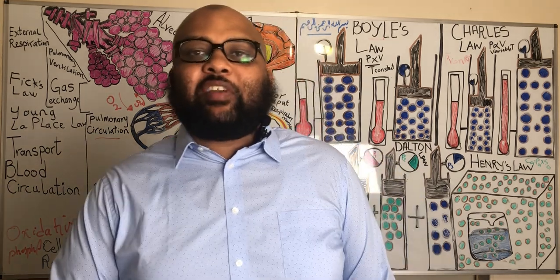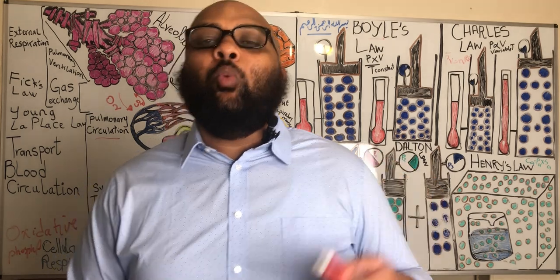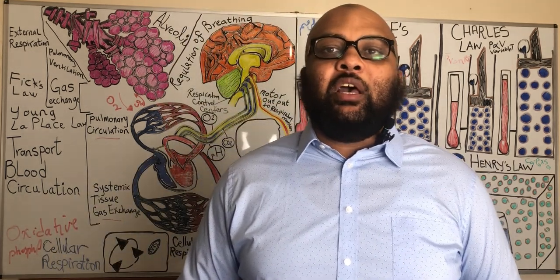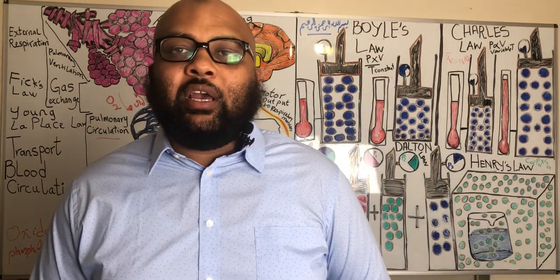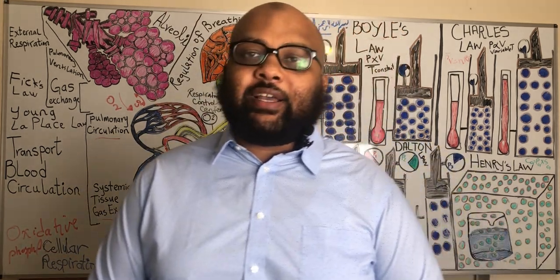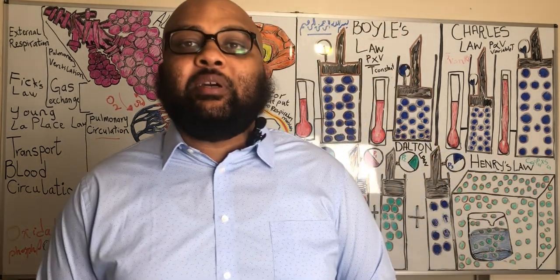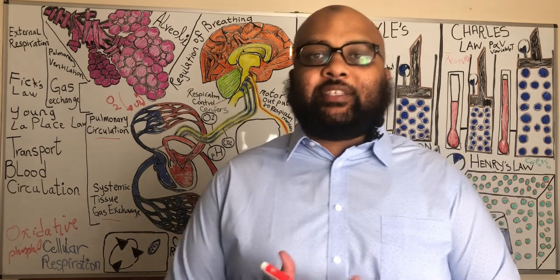What makes the diaphragm contract in inspiration? It is your nervous system. What makes your inspiratory intercostal muscles contract in inspiration? It is your nervous system. It is also your nervous system that is responsible for their relaxation.